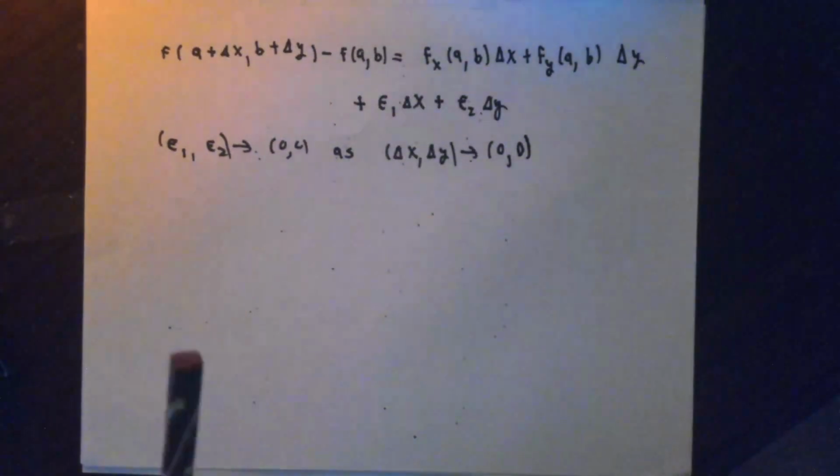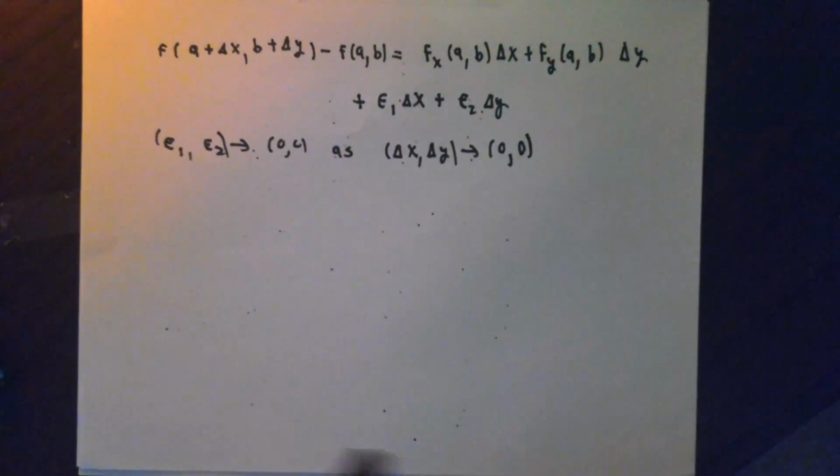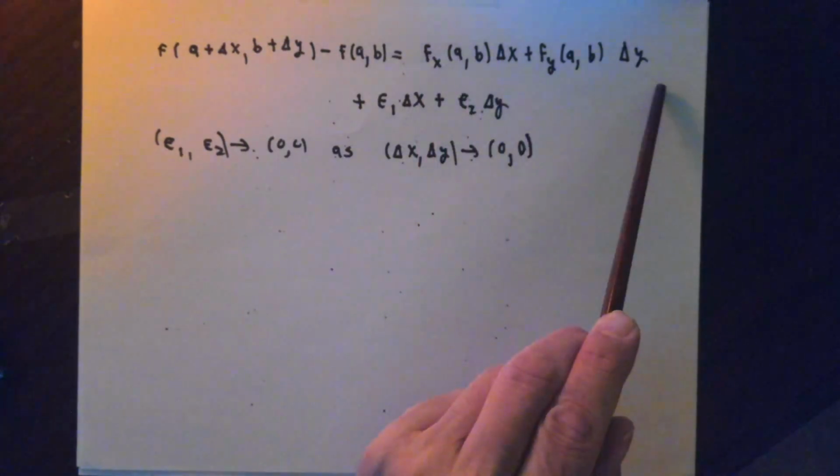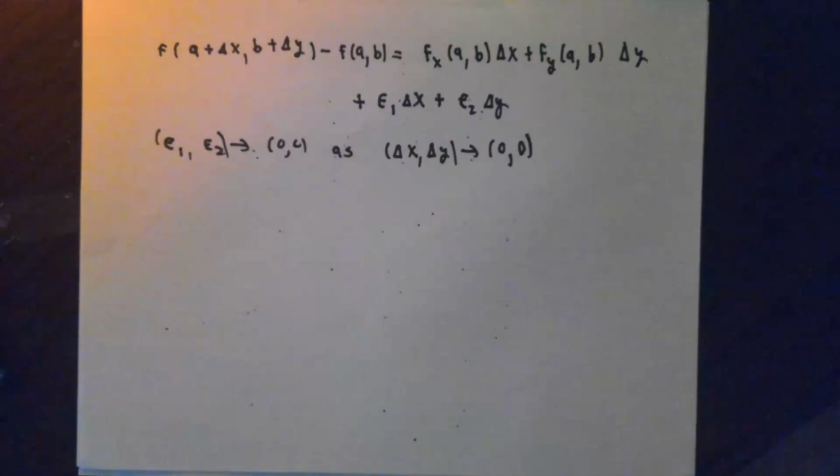We called this delta z because we were plotting the function values on the z-axis. We called this dz. So we say that a function is differentiable when delta z equals dz plus epsilon 1 delta x plus epsilon 2 delta y.